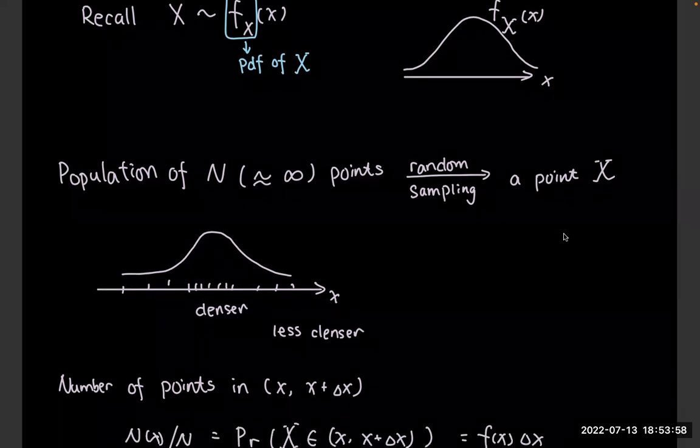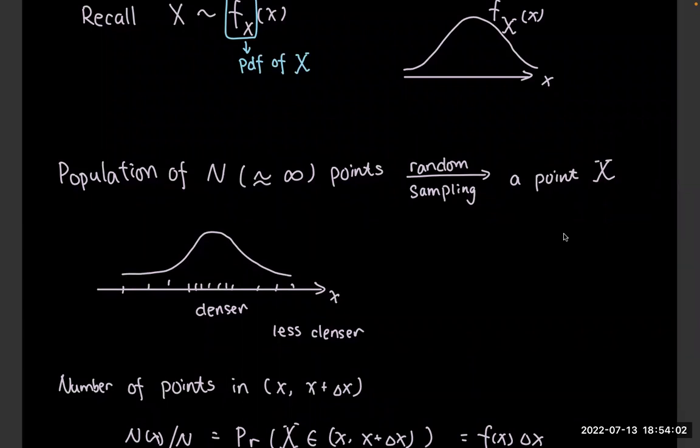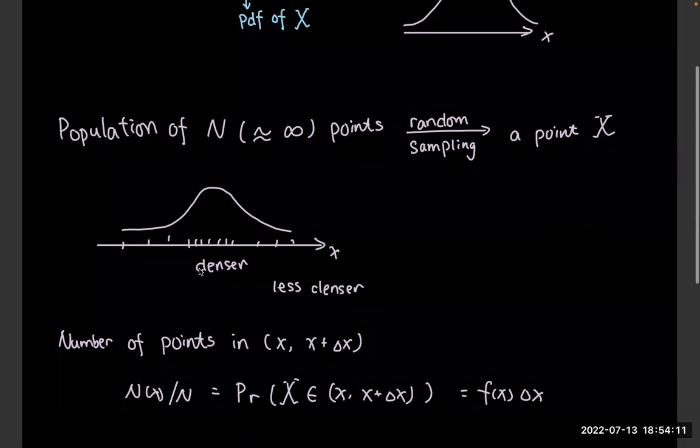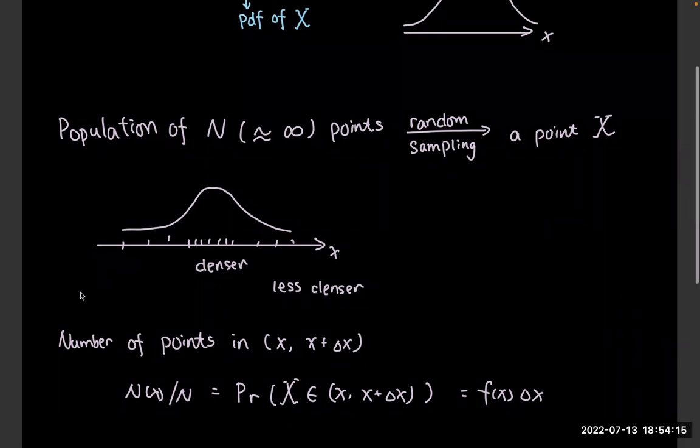And you can treat this as sampling from a population of points whose density is described by f of x. So that's the basic idea. And so you see this is denser, right? This is less dense. So then you have this curve.